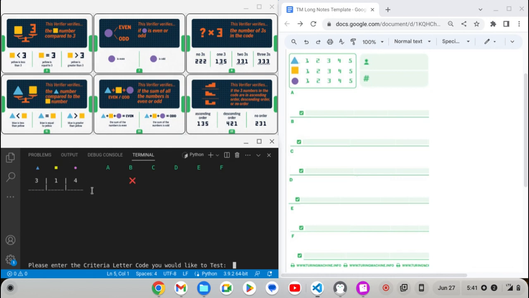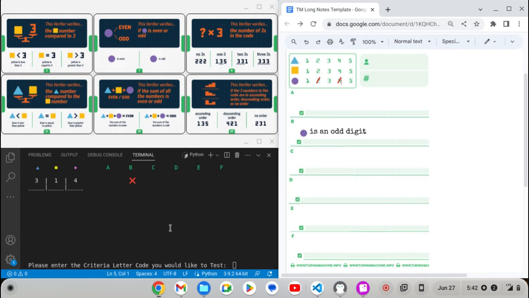Since the Turing machine does not approve of that, it's basically telling me that circle should be an odd digit. So that's what I'm going to write in my notes in section B, that circle is an odd digit. And because it is odd, that means I will be crossing out all of the evens. So I'll be crossing out 2 and 4.